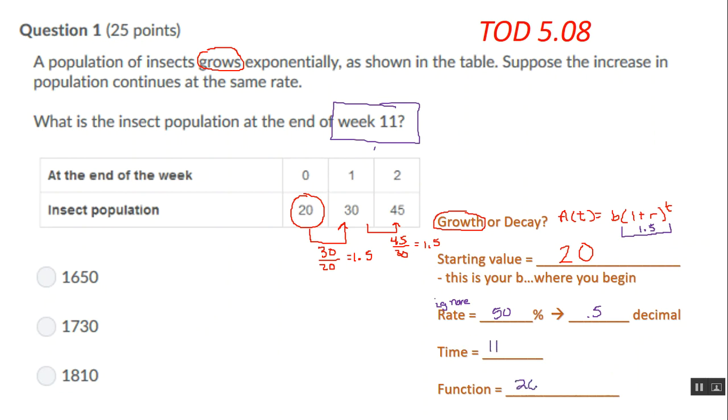So I start with 20, and then I have 1.5 in there as my rate to the 11. So kind of, like I said, just ignore this part right here for now. We're just using this where we divided, 30 divided by 20. And then we type this into the calculator.